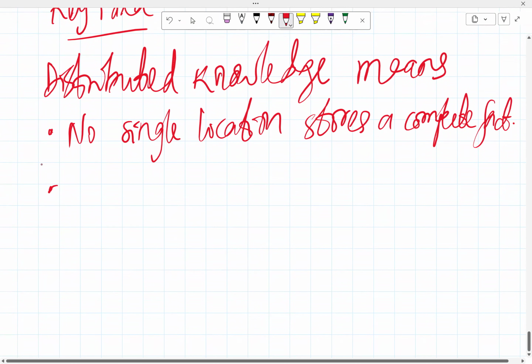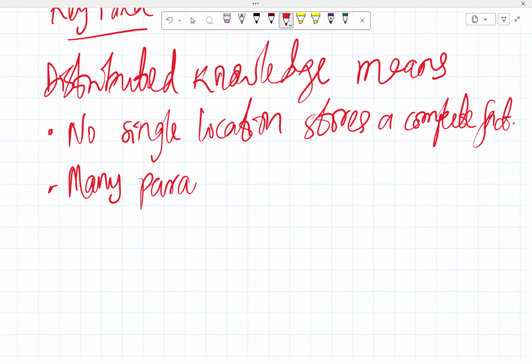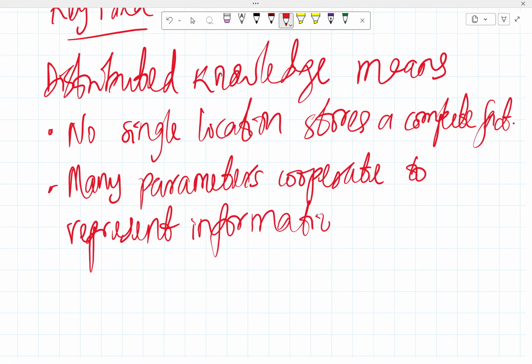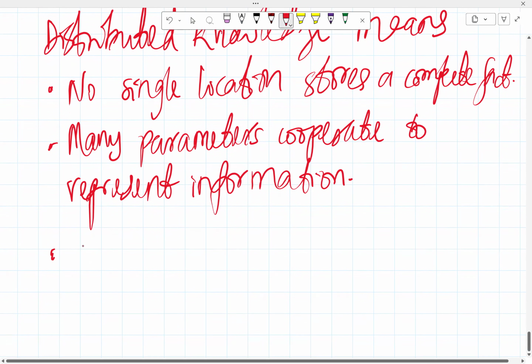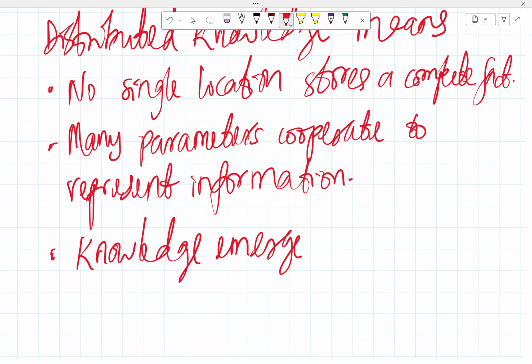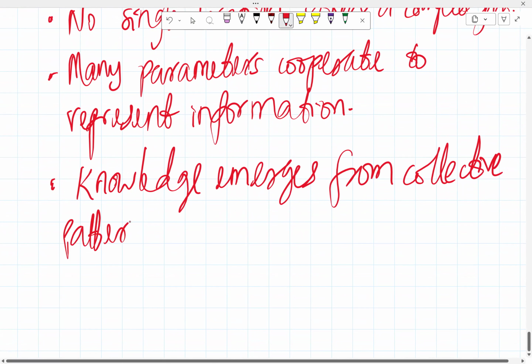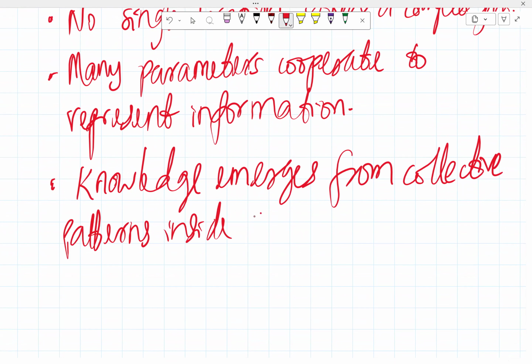Two, many parameters cooperate to represent information. Three, knowledge emerges from collective patterns inside the network.